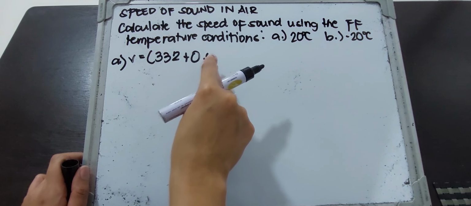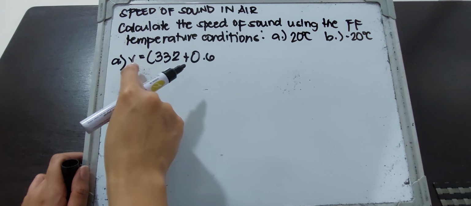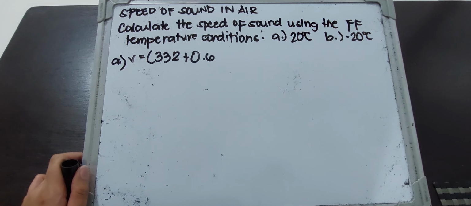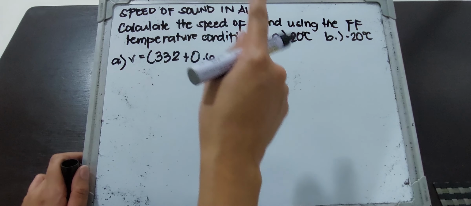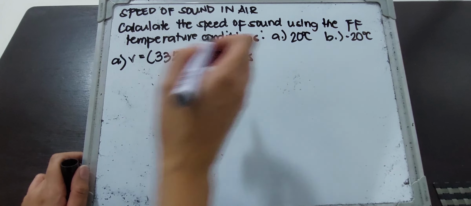Again, 0.6 meters per second yung dumadagdag sa speed of sound if the temperature increases by 1 degree Celsius. So, 1 degree Celsius, 0.6 meters per second yung tinataas. Times the temperature, and ito nga yung ating unit.